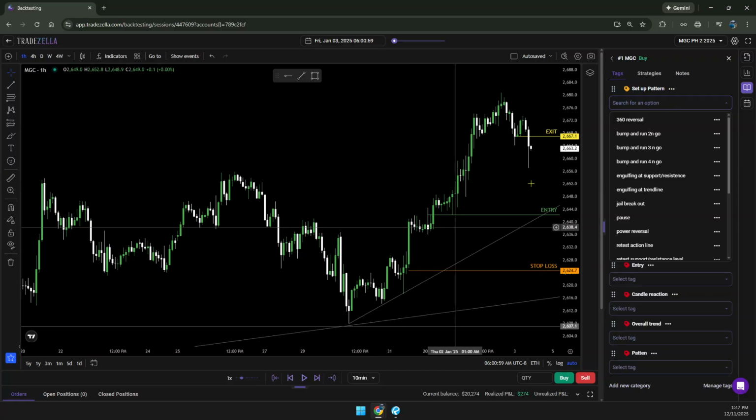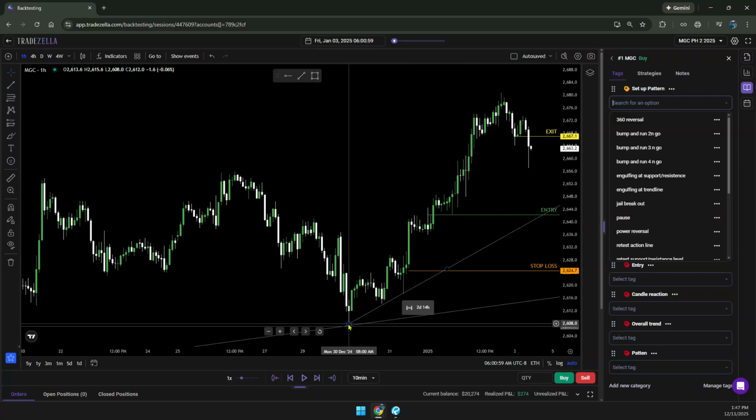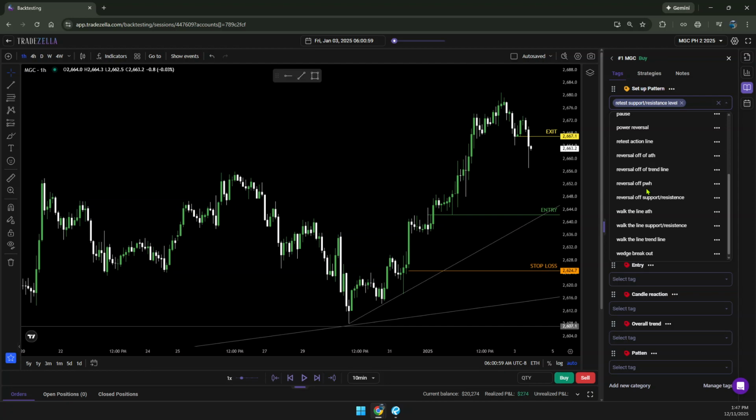My setup pattern was a retest of a support resistance level. It was a retest in combination with the trend line.